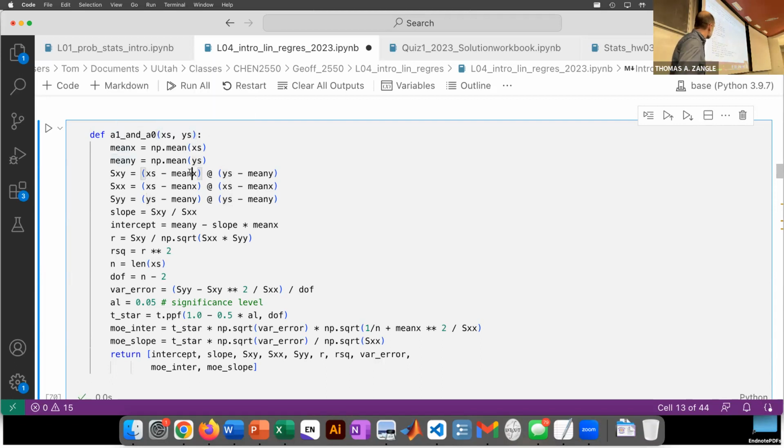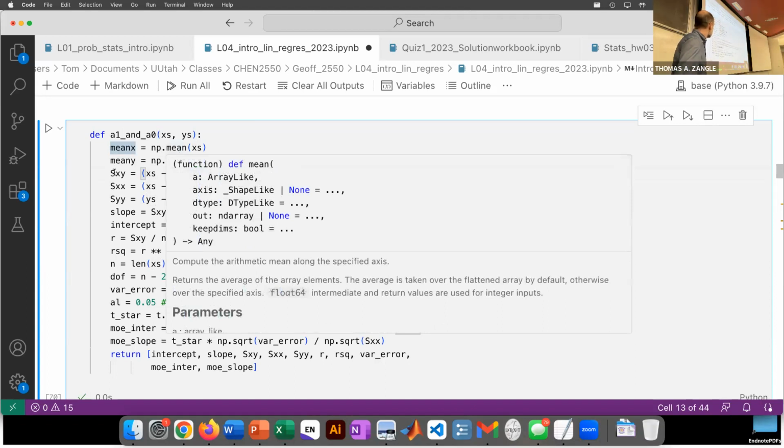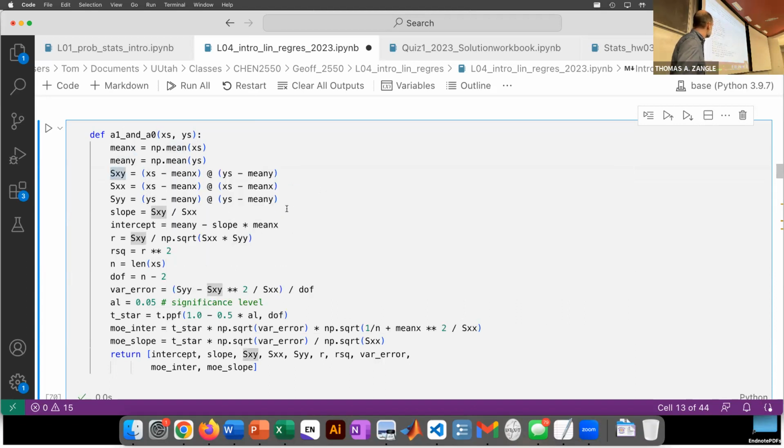Then we're using NumPy to compute the mean of x and the mean of y. We're then computing SXY, SXX, and SYY as defined previously. And then we're defining the slope and the intercept, just as we found analytically up above.